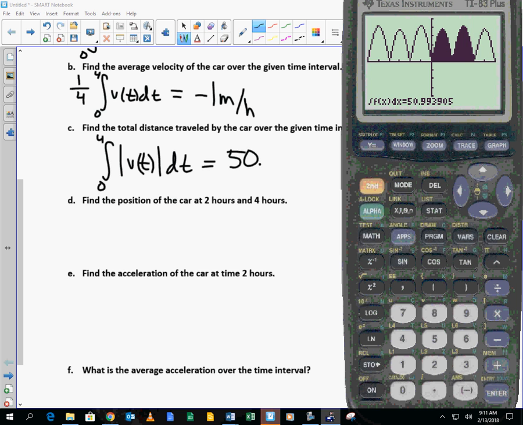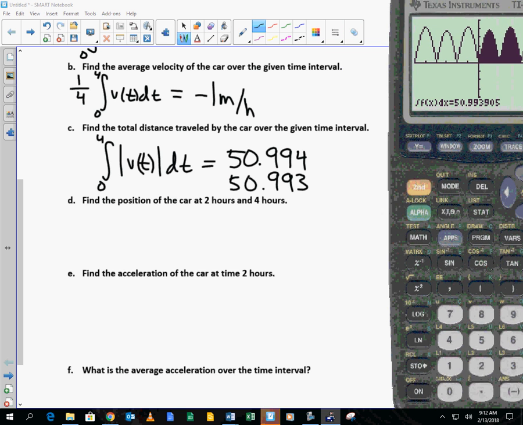We have 50.99, and now you have two options. You can either round to the nearest thousandth, which would be 4, or you can simply drop off all the digits after you go to 3 places. So either one of these would be acceptable. Okay? You can either round to the nearest or just cut it off after 3. What's my label? Miles. So that's how much it's traveled, okay?